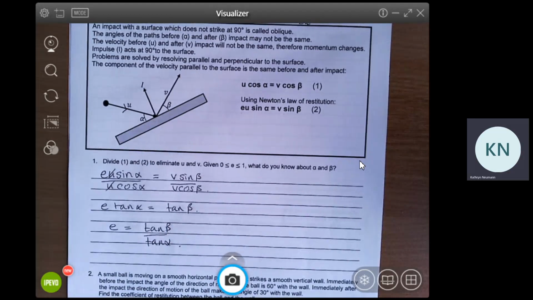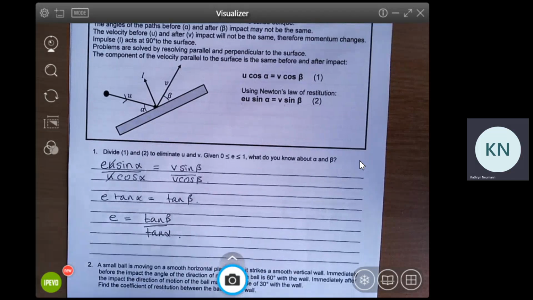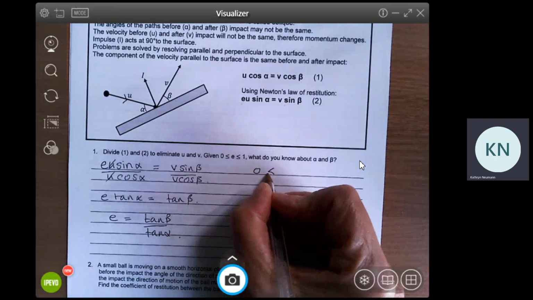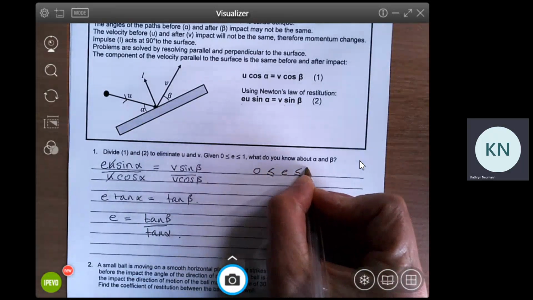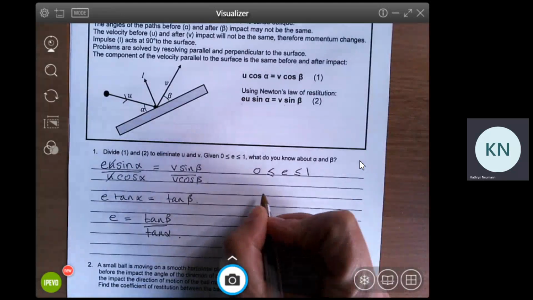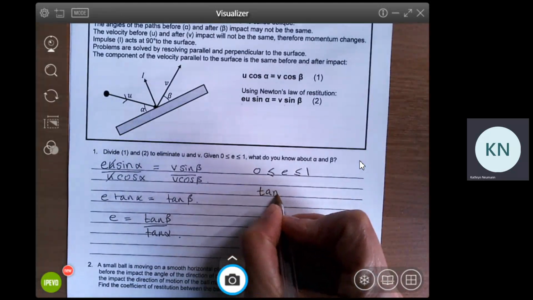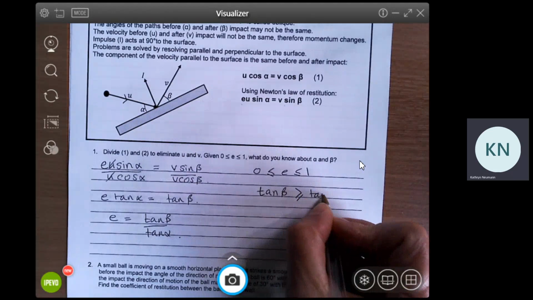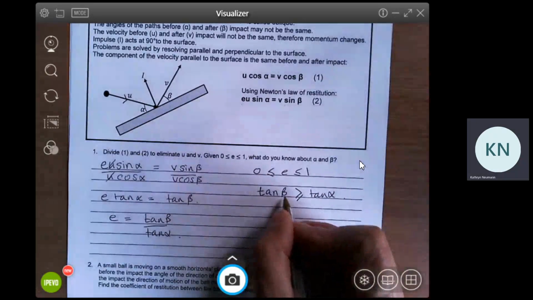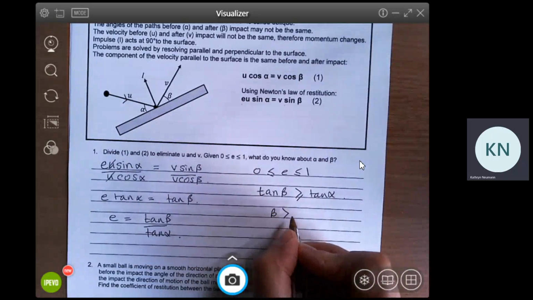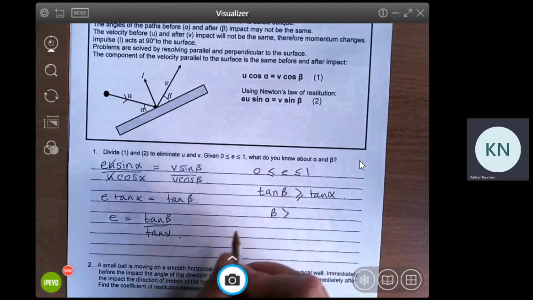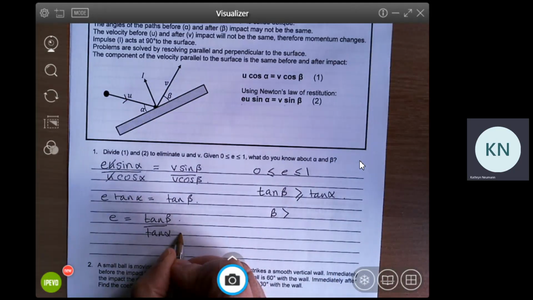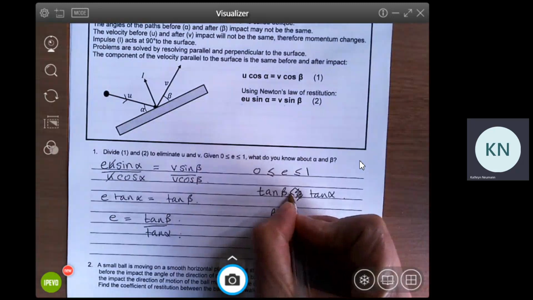Now we know that the coefficient of restitution is between 0 and 1. So that tells us that tan beta is less than or equal to tan alpha. Sorry, I've got my inequality sign the wrong way around there.